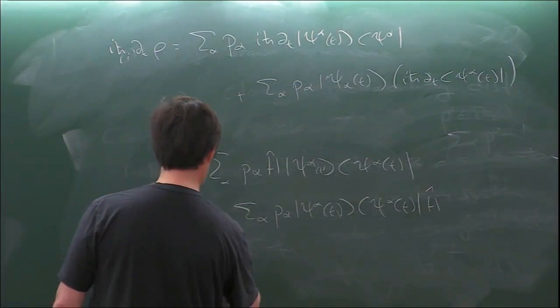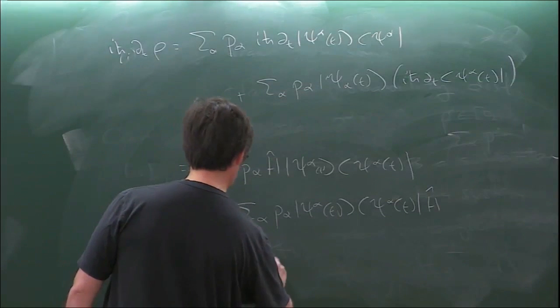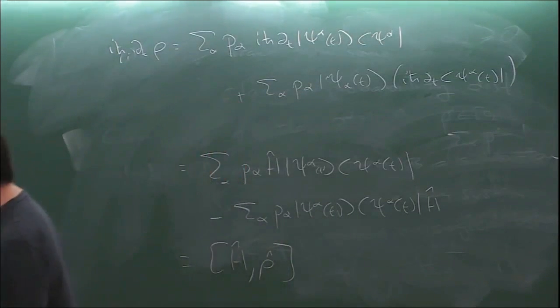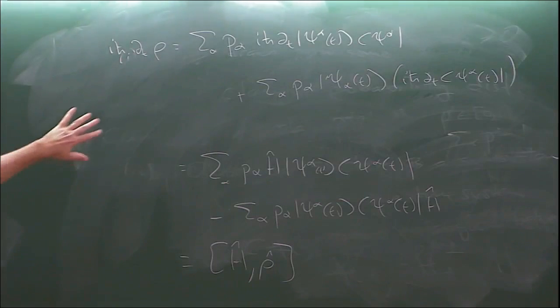But it's pretty easy to see that this is just the commutator of h hat and rho hat. So I get an equation that looks an awful lot like the Heisenberg equation of motion for an operator, except there's a difference in sign, because this is really describing the evolution of states in the Schrödinger picture.